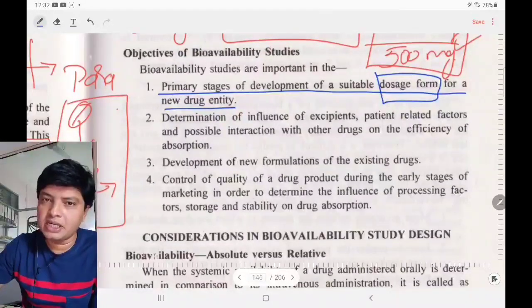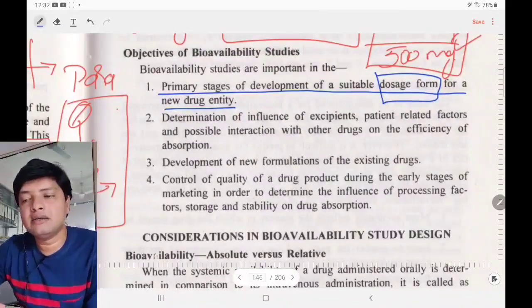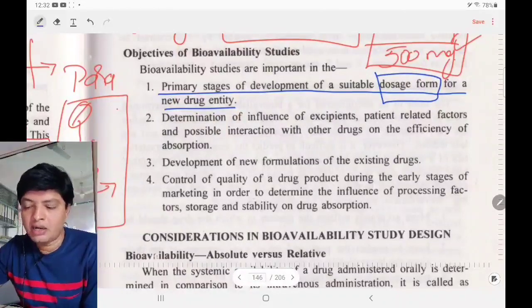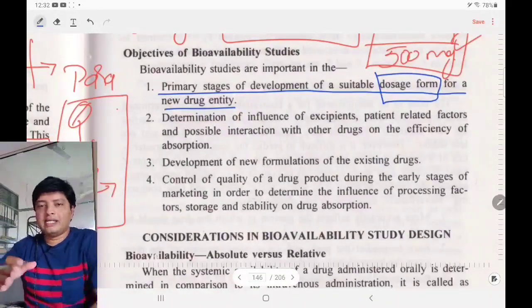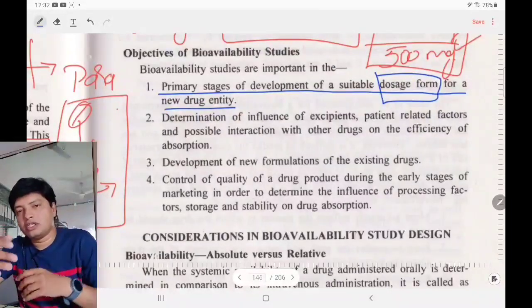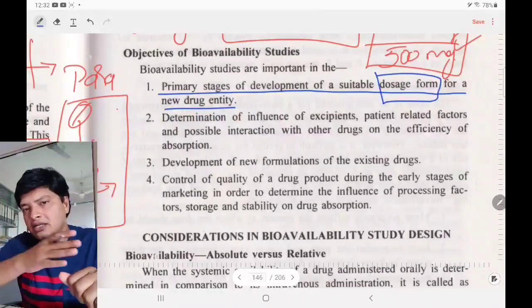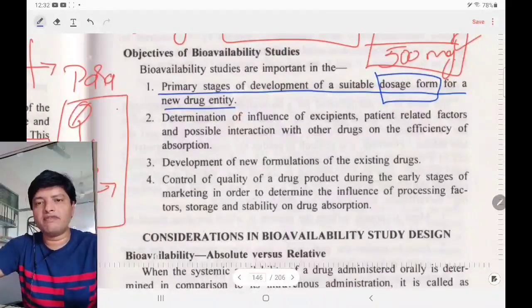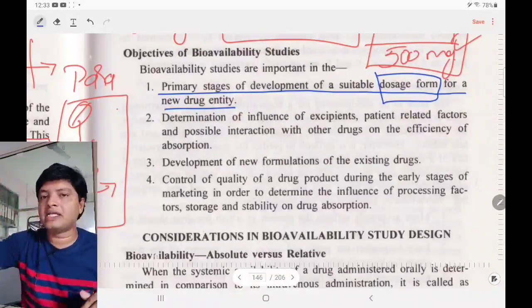If I conduct the bioavailability study, I will get a clear conclusion on whether the particular dosage form is good or not. Like this, I will take capsule, liquid, solid and semi-solid dosage forms, design the drug in two to three dosage forms, give them to different patients, conduct bioavailability studies, and check the rate and extent.